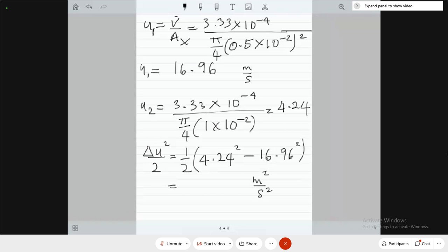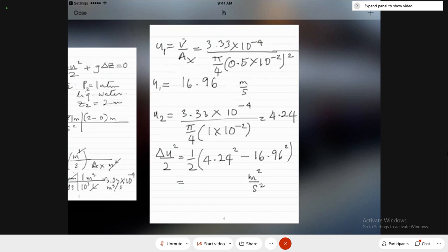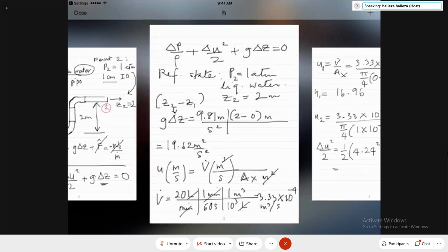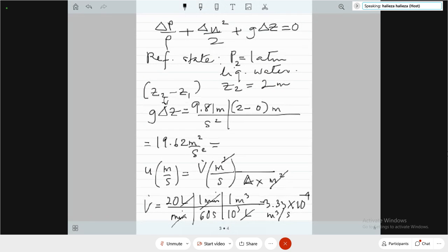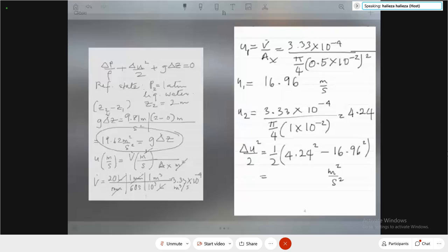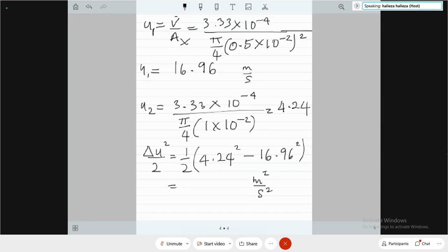So far, we managed to calculate the difference in height. We got that value, in meter squared per second squared. Now we calculate the difference in velocity. They're also the same unit. So what's the answer, guys?